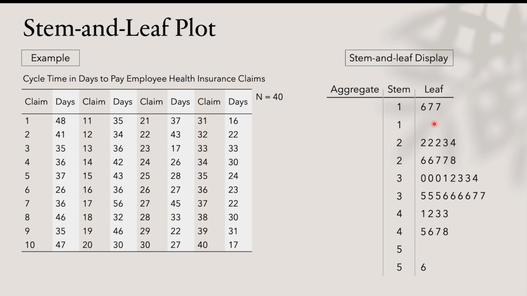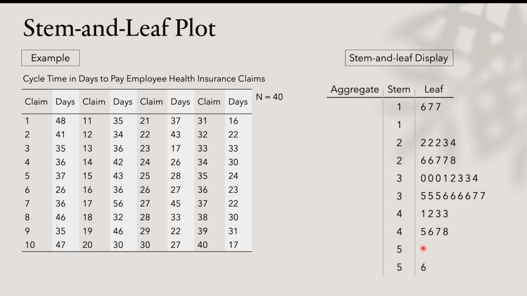Here this one is missing because there was nothing, actually this one should have been here. There was no number below 5, so there was no leaf below 5, it is not written here. And similarly here there was no leaf for stem 5 below 5, that's why it is empty.